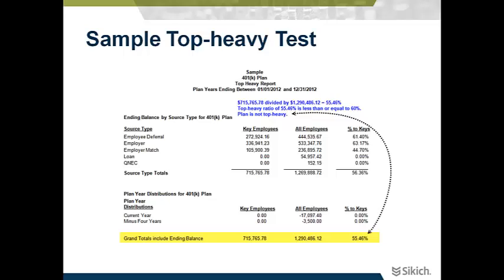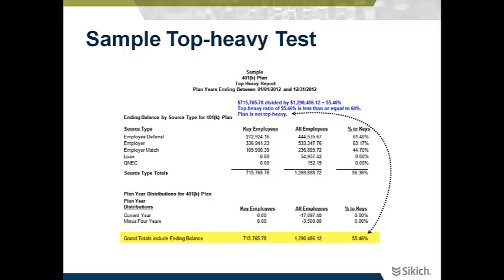Then we determine the top-heavy ratio, and if the ratio exceeds 60%, the plan is top-heavy. So in this case, we've taken the balances of all the key employees, that's 715,765.78, and we've divided it by the balances of all includable employees, which is 1,290,486.12, and that does take into account distributions.